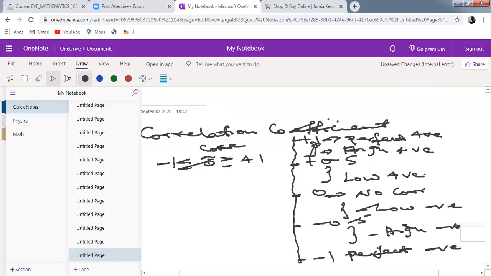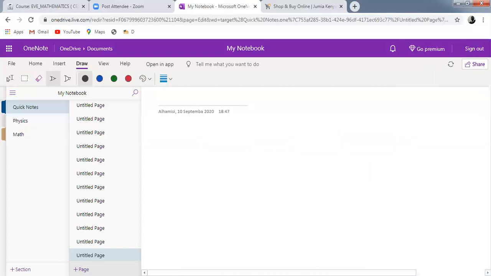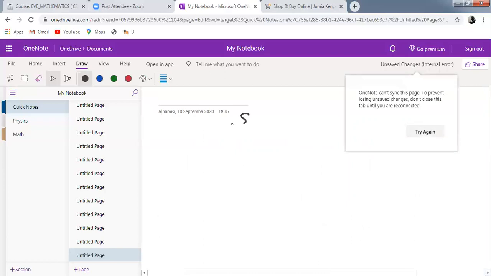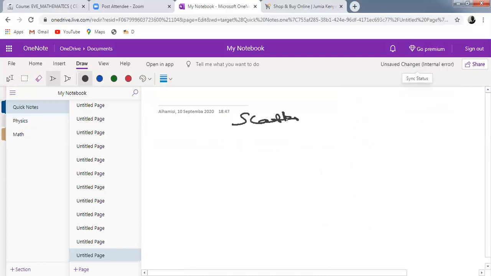Yesterday, I talked about the methods that are used in calculating or determining correlation, whereby I talked about the scatter diagram briefly. The scatter diagram is actually a pictorial presentation of the way variables are behaving on a graph.